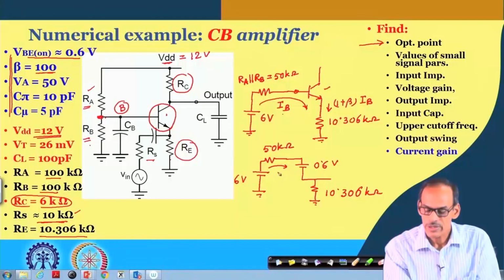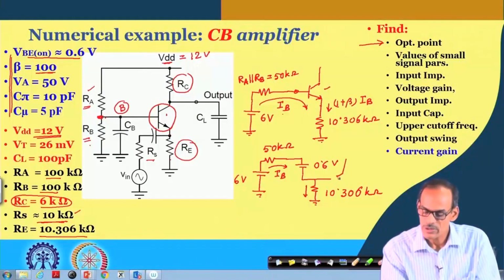The current flow here is I B, whereas since we do have the collector current which is beta times I B, this current is 1 plus beta times I B.